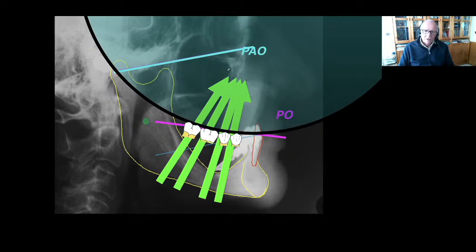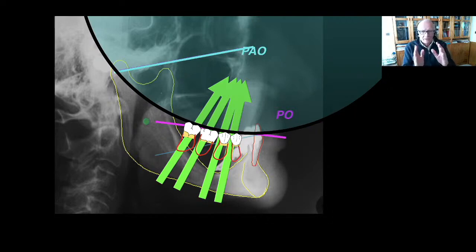And so the curve of Spee, listen to me, the objective of the curve is not to facilitate the movement, to facilitate chewing. The reason for the curve of Spee is static. It is the direction of the force when the patient is clenching first. And the teeth follow this direction during the eruption of the teeth.